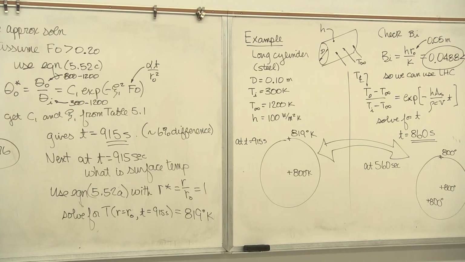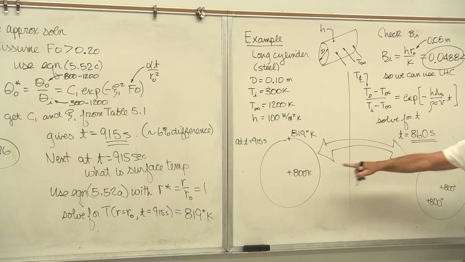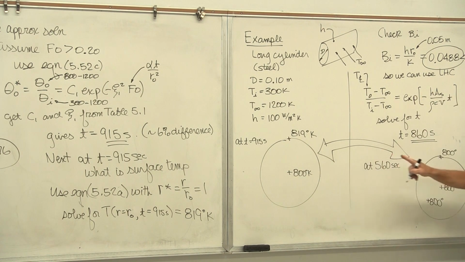When we use these approximate equations, the temperature depends on not just the time, but the radius. When you use lumped heat capacity, the temperature does not depend on radius, only on time. Okay, so we worked them both ways now.